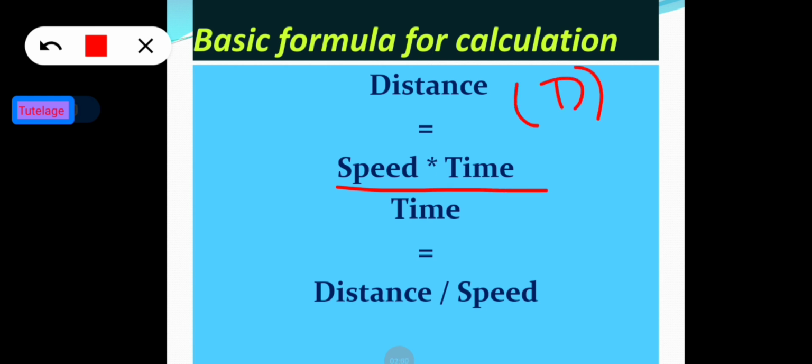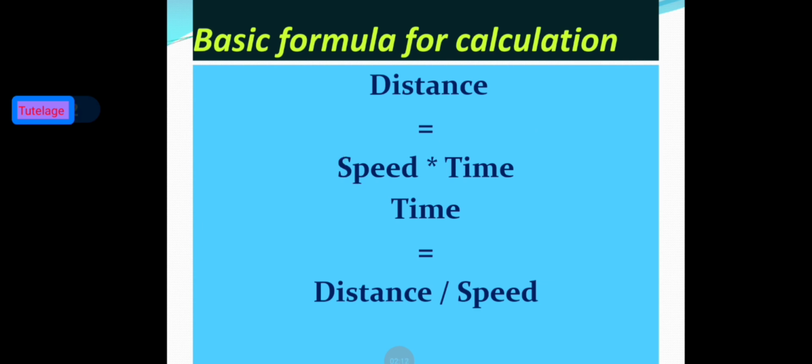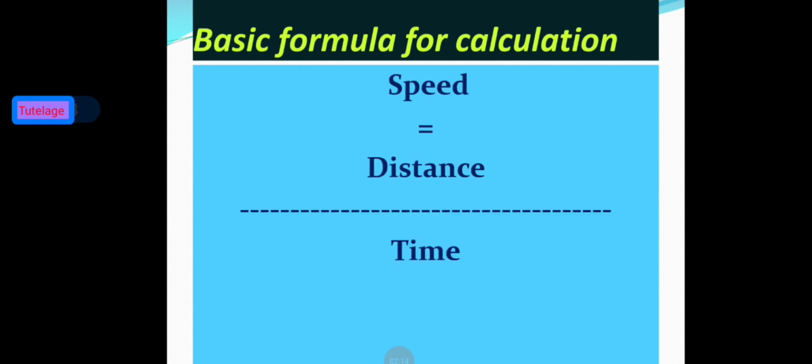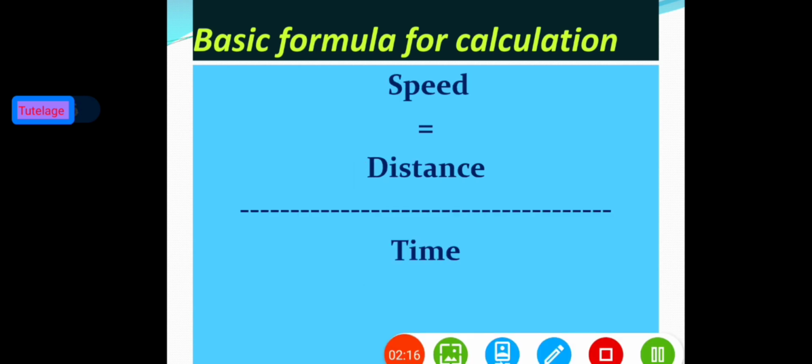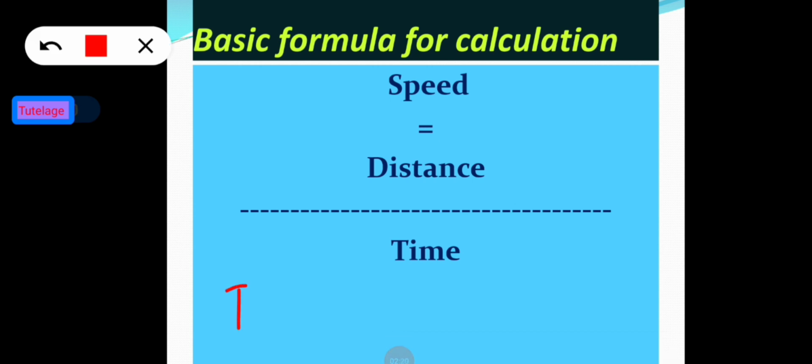Distance is indicated by d, speed by s and time by t. So d equals s into t. Moving on to the previous slide, we have already seen distance d is equal to s, that means speed, into t, that is time.